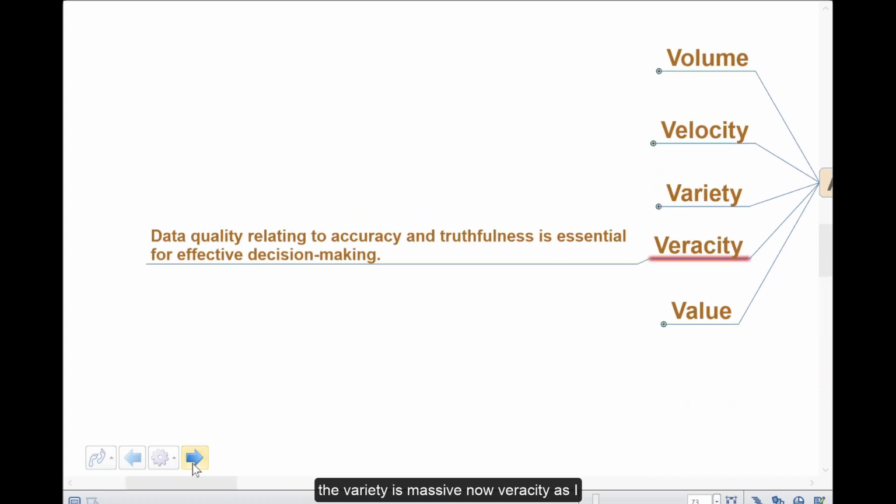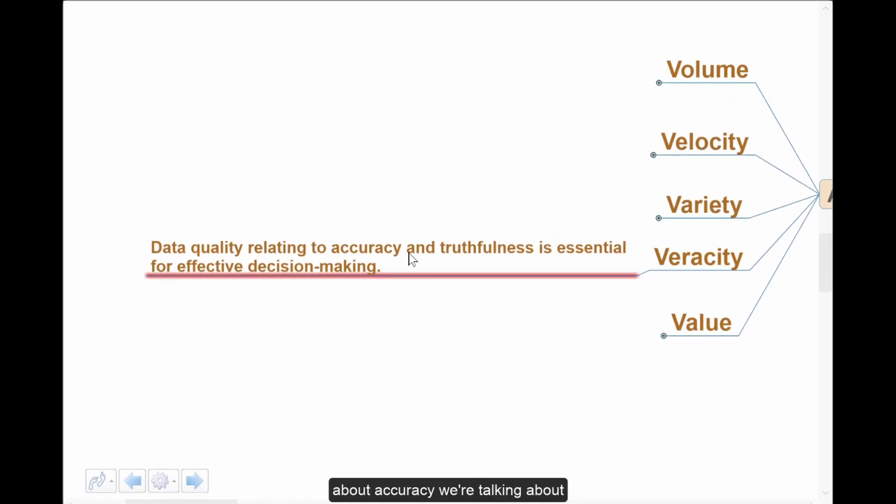Now, veracity, as I mentioned, this particular V was added by Gartner a couple of years after Doug Laney, the founder of the three V's, coined the phrase the three V's of big data. We're talking about accuracy. We're talking about truthfulness.